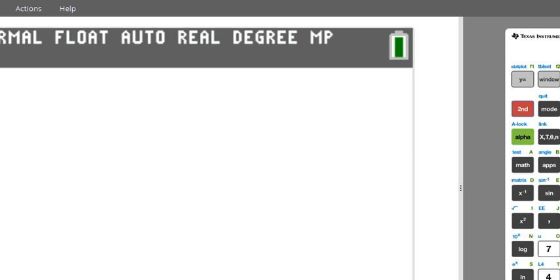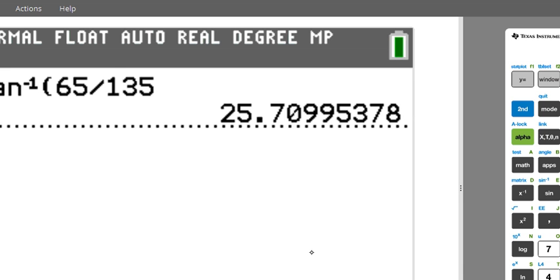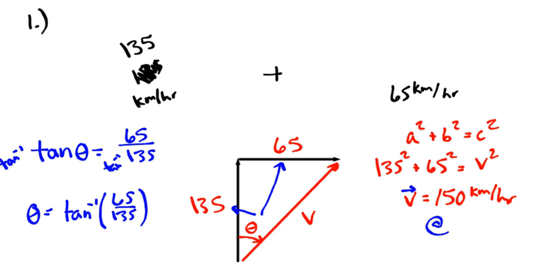Inverse tangent. You can do this one all by yourself if you need to. We get 25.7 degrees. And now we want to specify. 25.7 degrees doesn't necessarily mean very much. We're not going straight north.